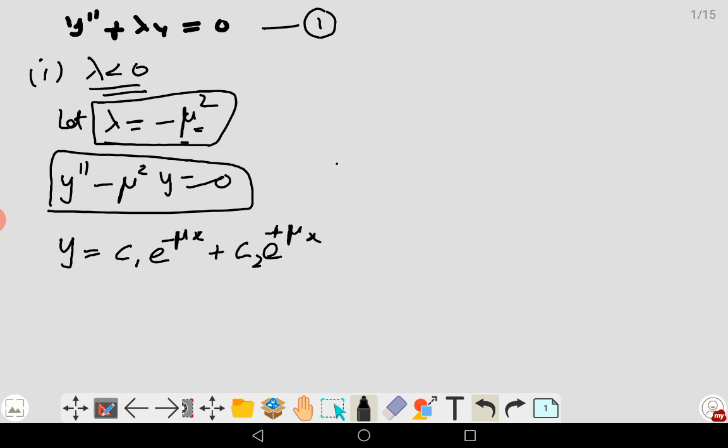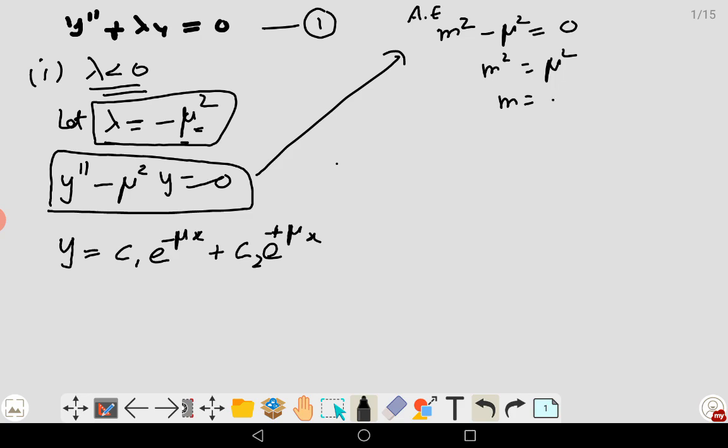For your reference, first time I will show you, but not every time. Okay, this is the auxiliary equation: m square minus mu square is 0. We write y double dash becomes m square and y will be 1. Mu square is mu square, isn't it? This gives you m square is mu square. M is plus or minus mu.